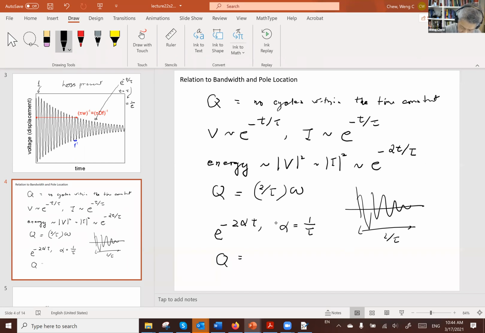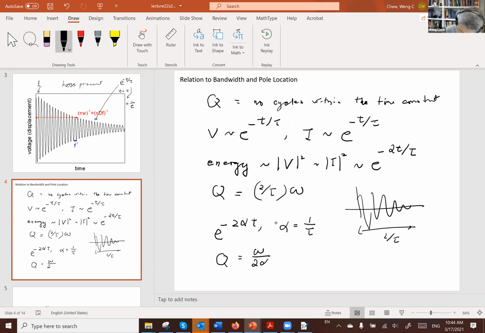Did I get this right? Q should be equal to omega over 2 alpha.